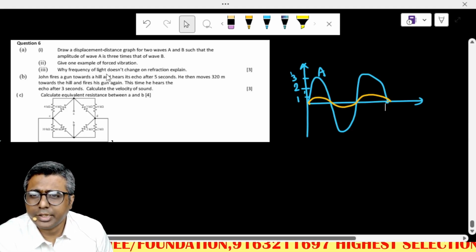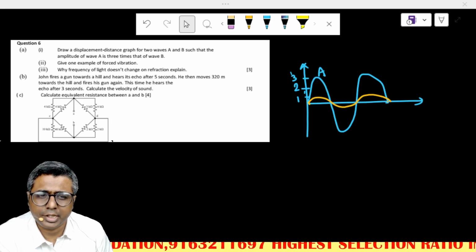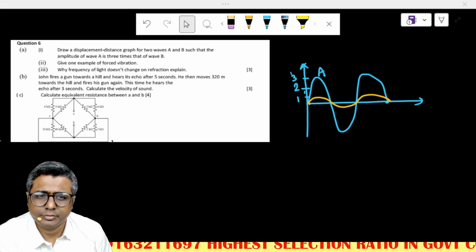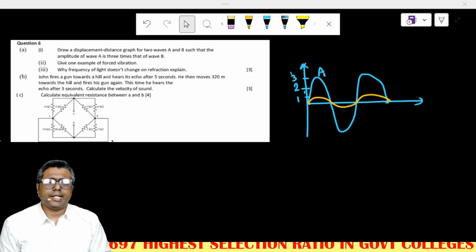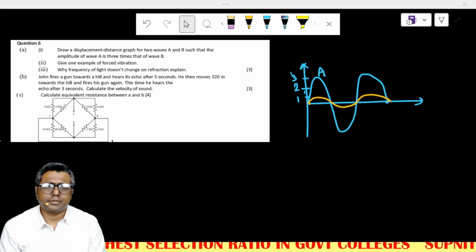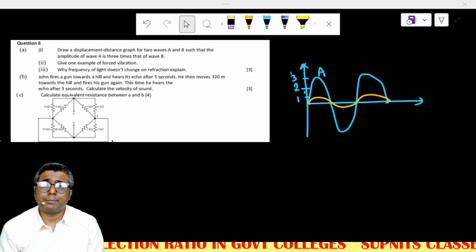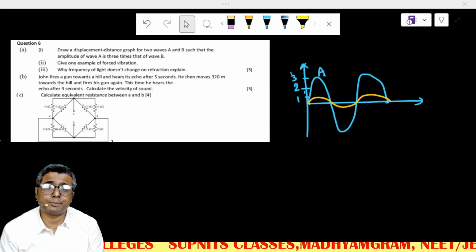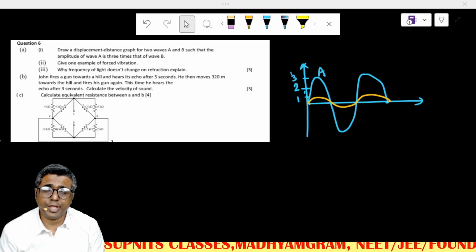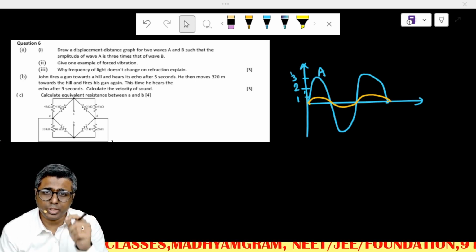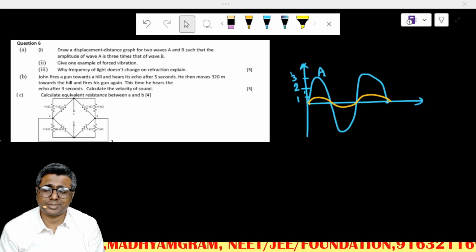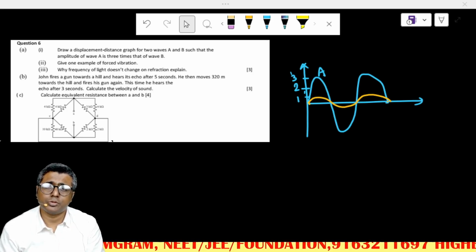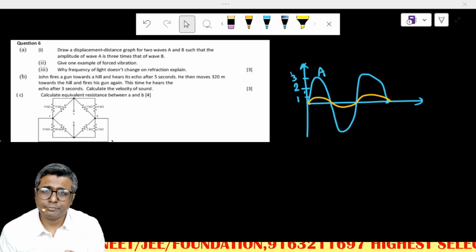Why does the frequency of light not change on refraction? See, as velocity changes, lambda also changes proportionately, and frequency is basically the number of waves per second. The number of waves passing through one medium has to pass through the other medium also at the same frequency.